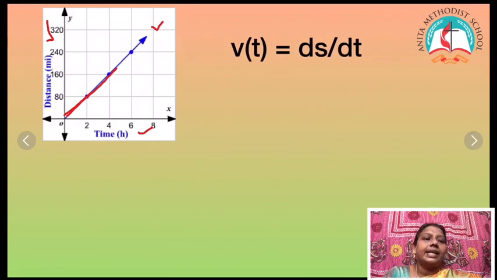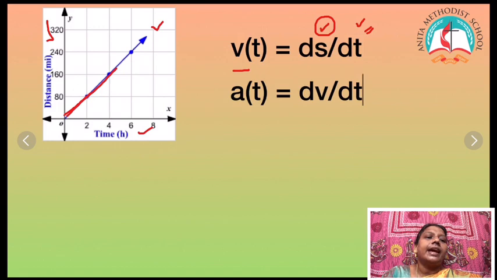This is called velocity. So v of t is equal to ds by dt. That is, velocity is nothing but the change in displacement according to the time taken. Supposing I take acceleration, then a of t is equal to dv by dt. It depends on the change in velocity with respect to the time taken.